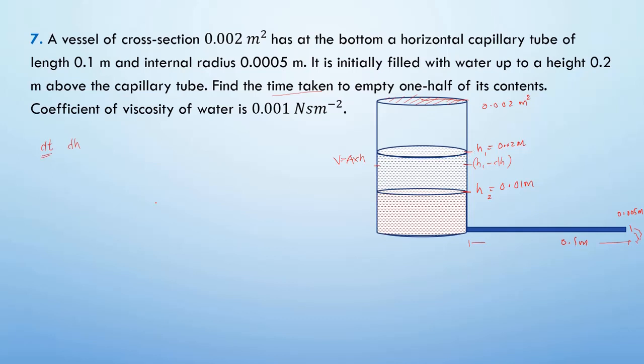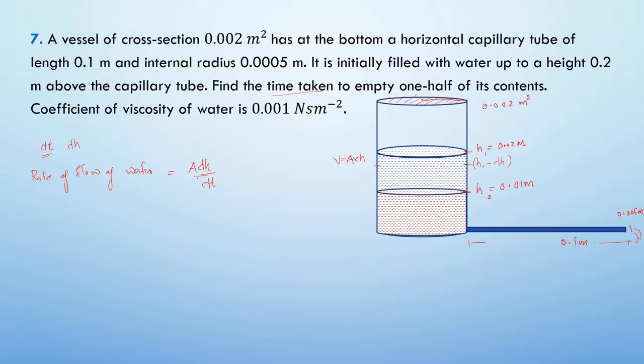Therefore, the rate of flow of water, I am writing rate of flow of water, that is volume rate of flow. How much volume of water has flown down in a time dt? It is A into dh by, since it is rate, we have dt.